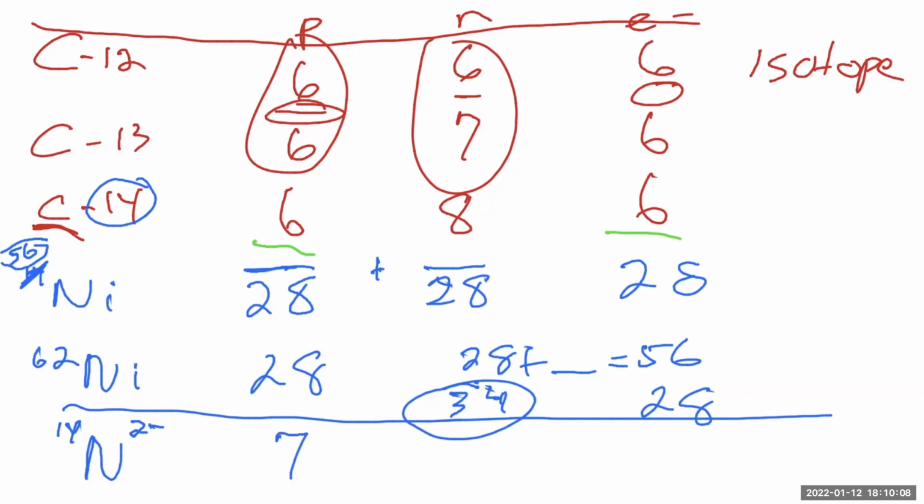Okay, so how many neutrons do we have? We know the total has to be 14 because this is the mass number right here in the top left. So the mass has to equal 14. We have 7 protons. So how many neutrons do we have to equal 14? 7. Okay, and electrons, we have a -2 charge. This we have to think about for a second.